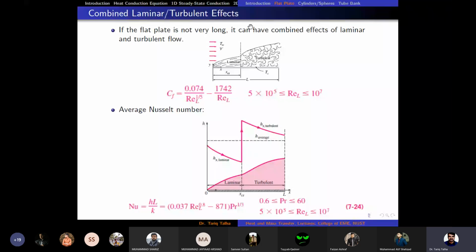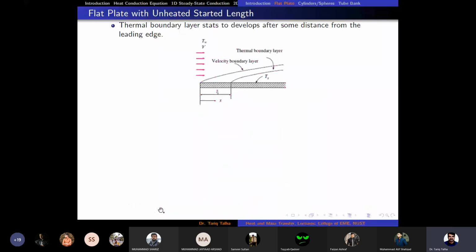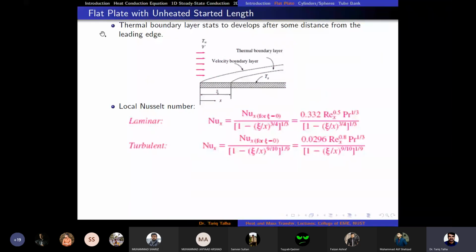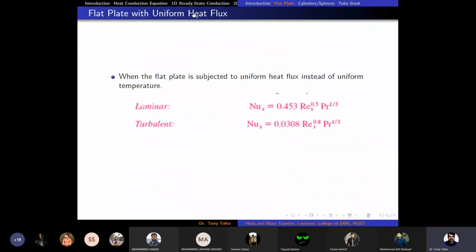Then we discussed the combined effect of laminar and turbulent flows for the Nusselt number, and in the last we discussed the flat plate with an unheated initial length, the starting length, and then the boundary condition of uniform heat flux.